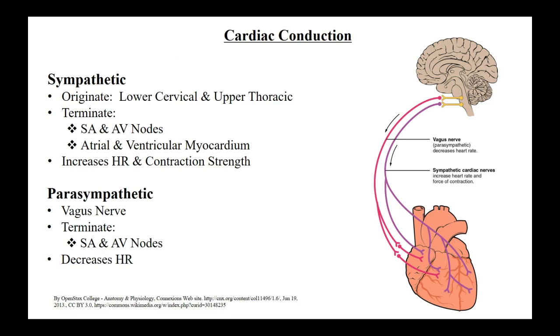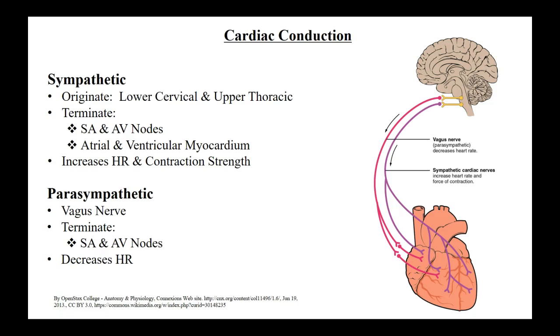All right, so cardiac conduction. Like I said, the actual beating of the heart doesn't need nervous stimulation. It has its own pacemakers. The SA node is the internal pacemaker, spontaneously depolarizing to cause a beating of the heart.